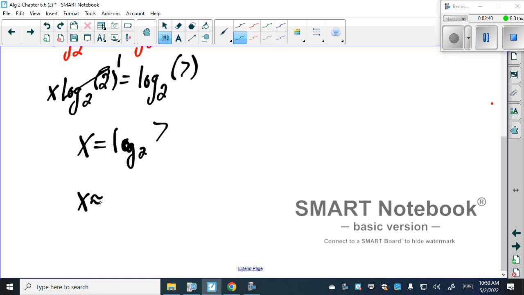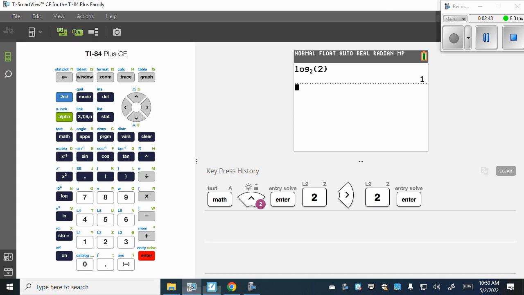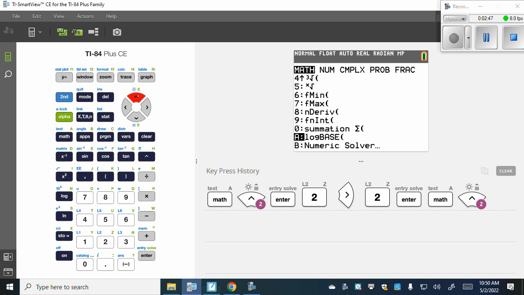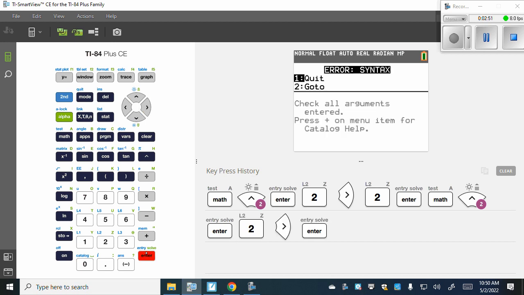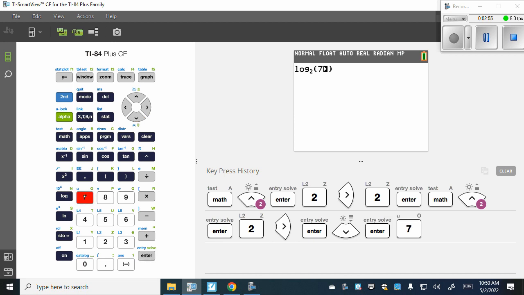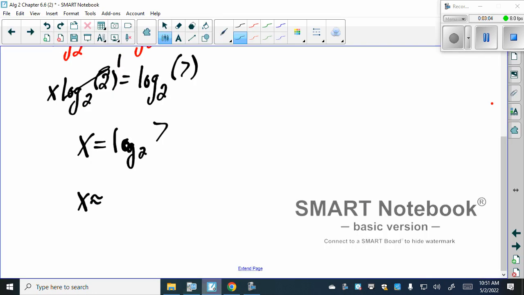We can use the change of base that we learned last week, or we can type it into the graphing calculator, go math, log base 2, 7, 2.807. We'll go 3 decimal places. So here x is approximately 2.807.